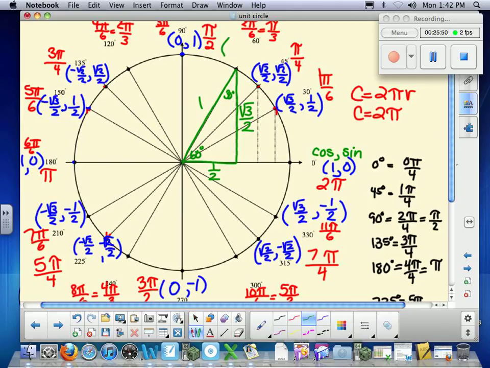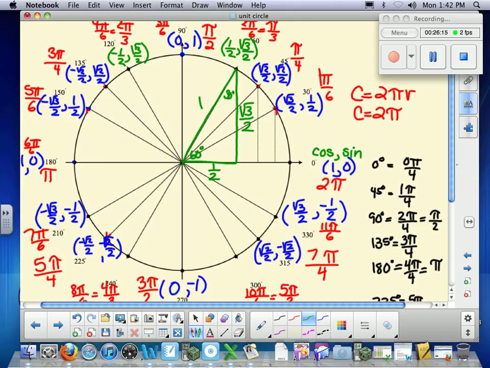So at 60 degrees, the cosine, or the x value, is 1/2, and the sine, or y value, is square root of 3/2. And we saw those connections last week when we did the chart. We saw those flips, if you will. At 120 degrees, it's negative 1/2 and square root of 3/2.